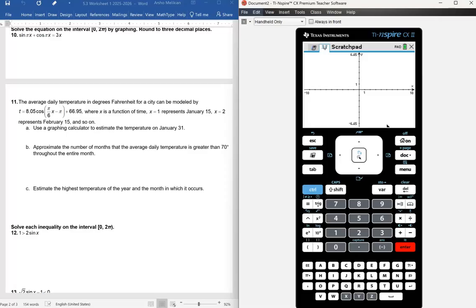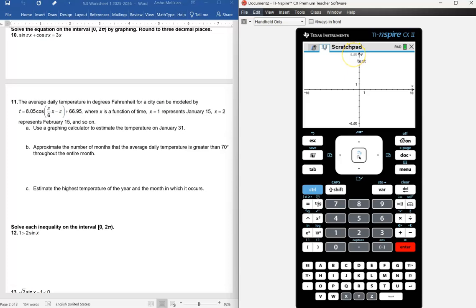And so now we need to modify the axes. So let's think about this for a minute. These are the average daily temperatures, right? So that's going to be on the y-axis, and it's not going to go from 0 to 6. Also, look at this. You have a vertical shift of 66.95, so that's going to be higher than that.